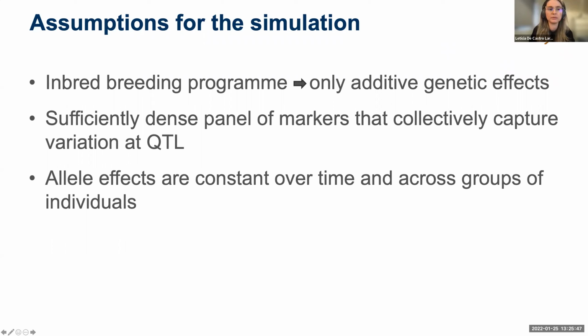We also assumed a sufficiently dense number of markers that collectively capture variation of the trait, and we assumed that allele effects are constant over time and across groups of individuals.